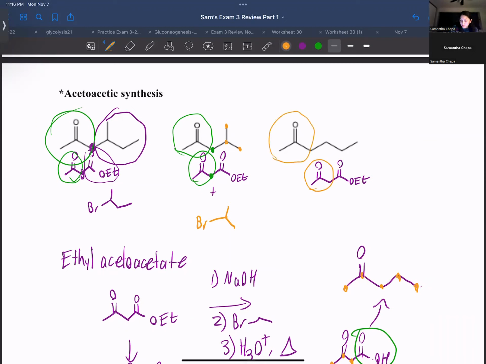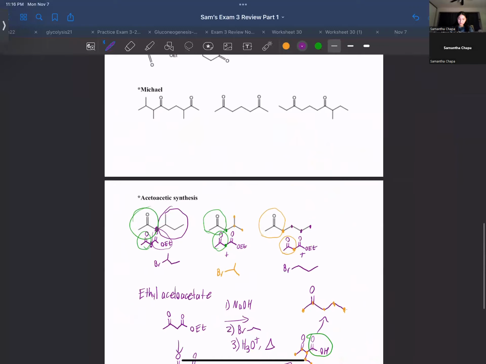I locate that. I locate my alpha carbon, and I know that I'm adding all of this group over here. So I'm adding a total of 1, 2, 3 carbons. This is exactly what I'm going to do with an alkyl halide. There we go. Cool.